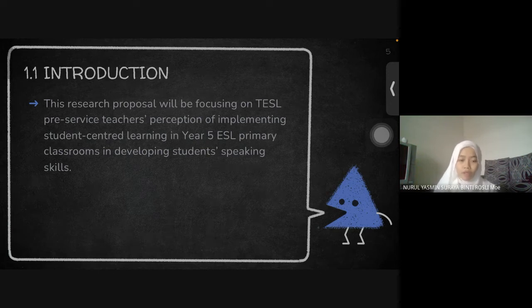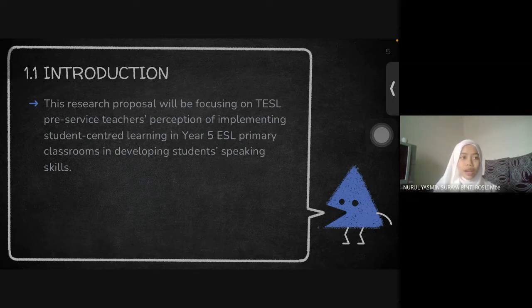And then, if we look at this globalization era, speaking skills using the English language is considered very important because English is used commonly all around the globe, and it actually helps us to channel ideas through communication, especially in our education. All right.